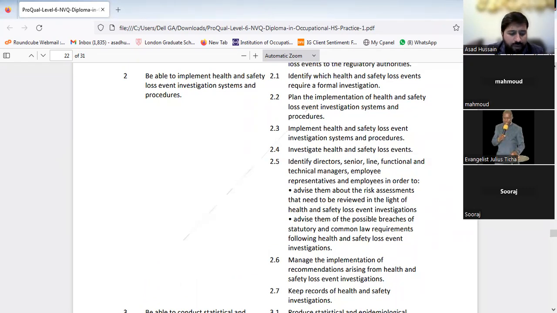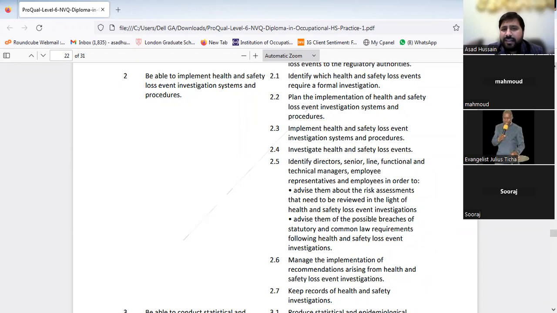So now we have learning outcome 2. The learning outcome 2 is be able to implement health and safety loss event investigation systems and procedures. The first learning outcome was just about the accident reporting procedure.